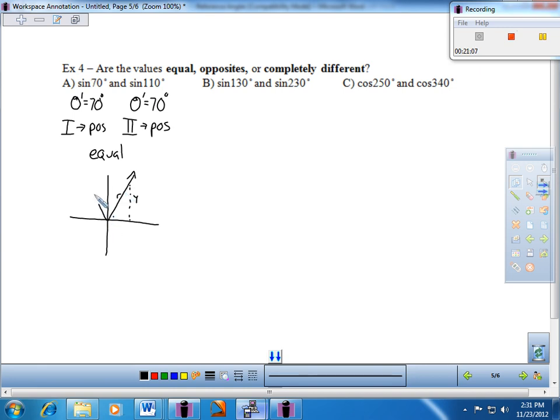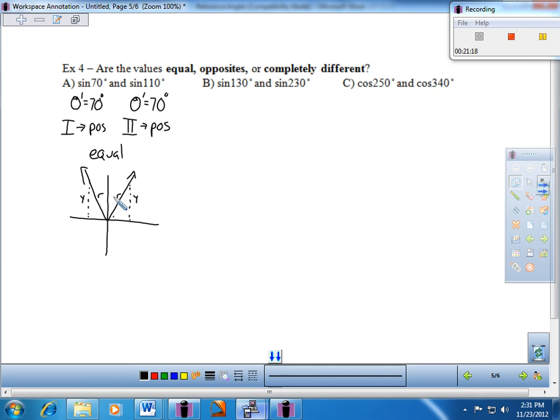Now, let's take a look at 110. 110 would be right there, give or take, just reflected over the y-axis, basically. And take a look if I drew, same thing, the y to r. Does it look like the y to r ratio would be identical right there? Absolutely. And notice, both positive y's, obviously r is always positive, so they should be the same.